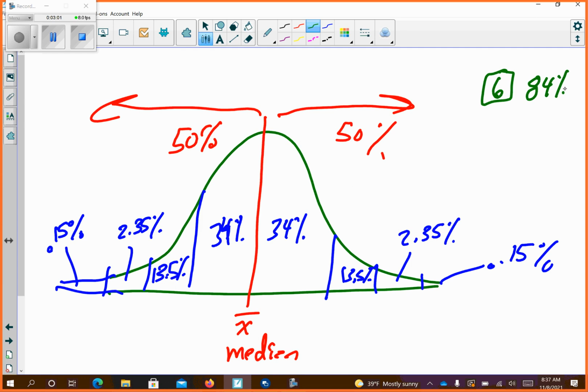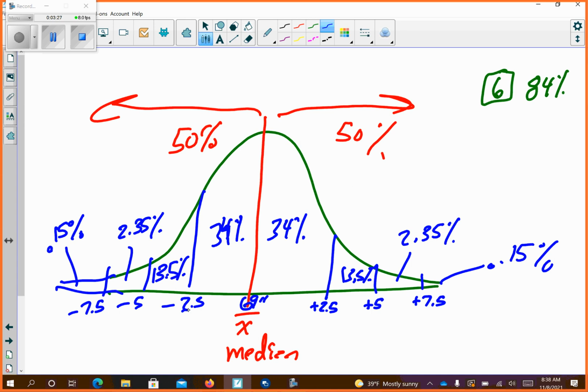How tall was he? They told you in the original that this was a 69-inch person, and then you went up by 2.5, added 5, added 7.5, subtract 2.5, subtract 5, subtract 7.5, and these are percents. I'm not doing the math for it, I'm just saying that.